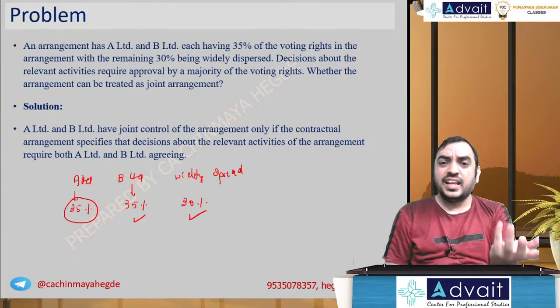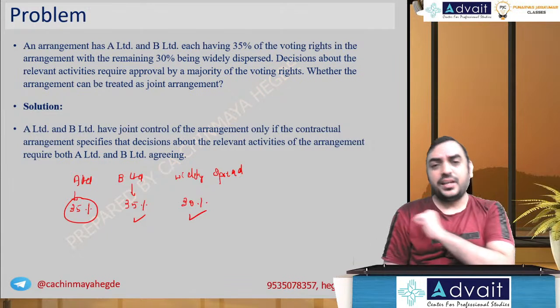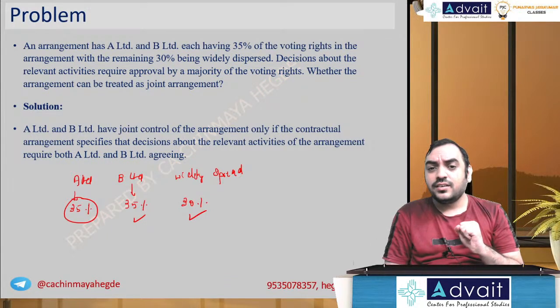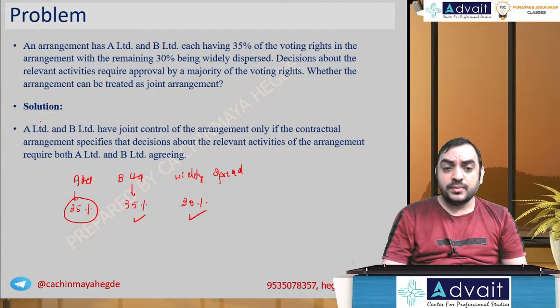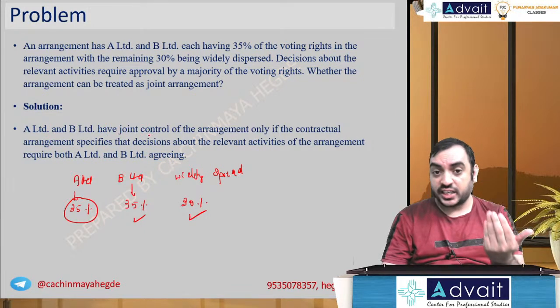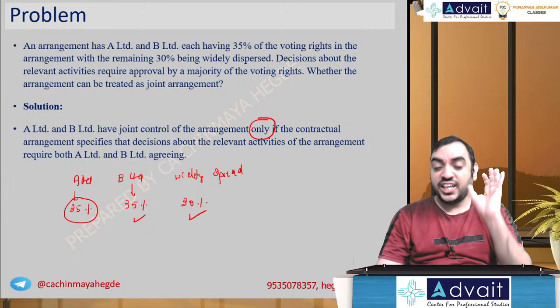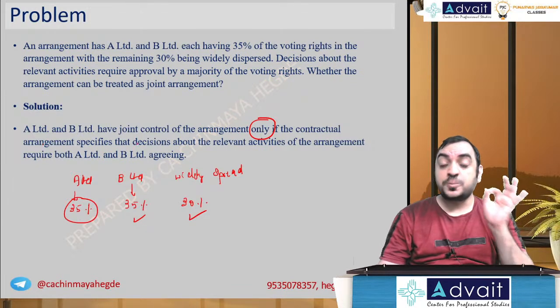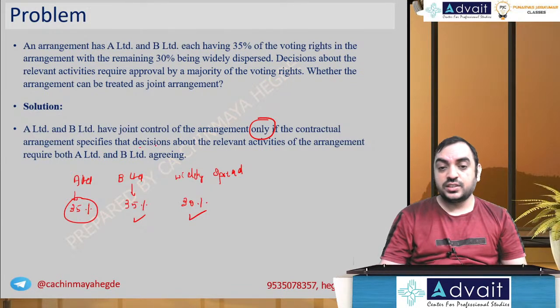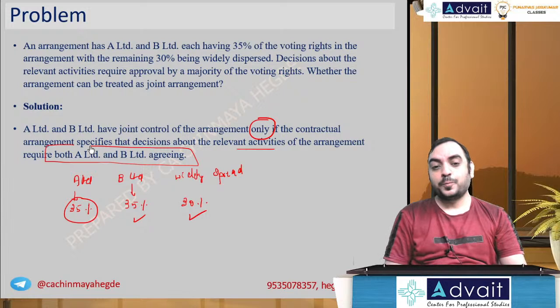Yes, right? A Limited can say yes, B Limited can say no. Therefore, A Limited and B Limited have joint control only if the contractual arrangement specifies that decisions about the relevant activities require both A Limited and B Limited agreeing.